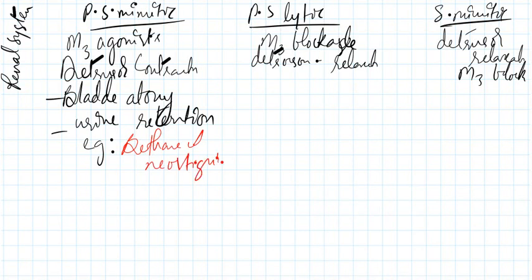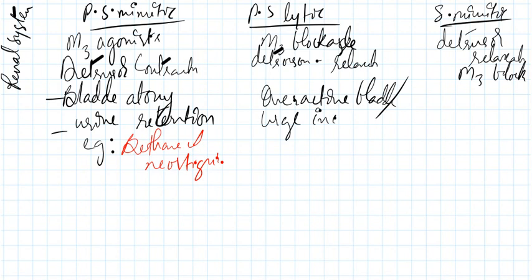Now, in which conditions do we use parasympatholytics? Overactive bladder or urge incontinence. Examples, you just remember this mnemonic: friend. Friend means dost. F for fesoterodine.